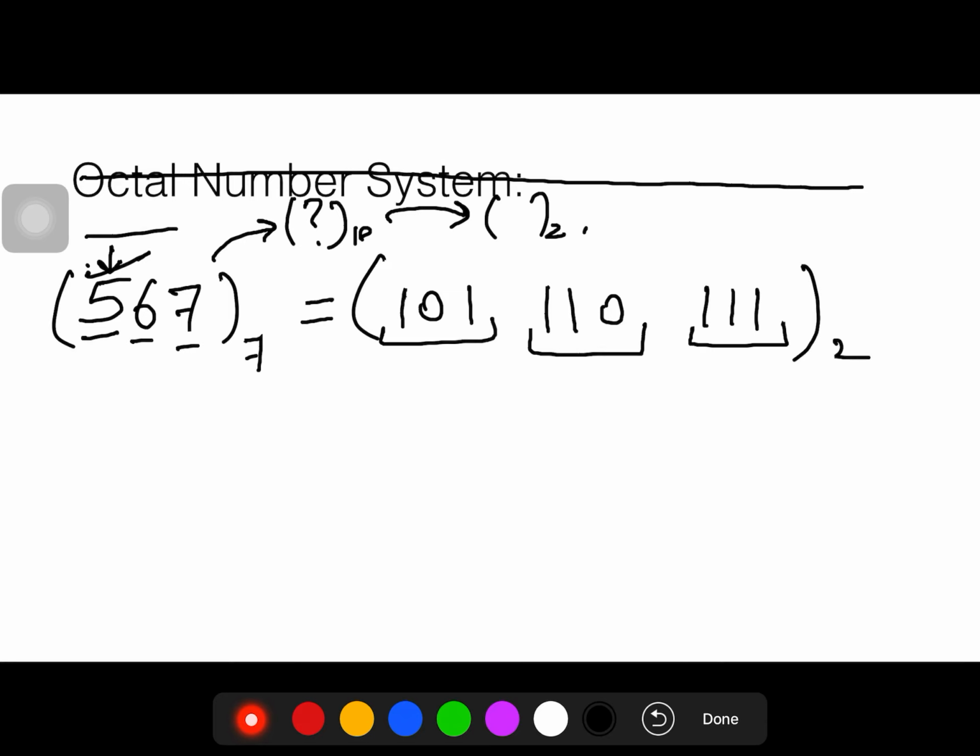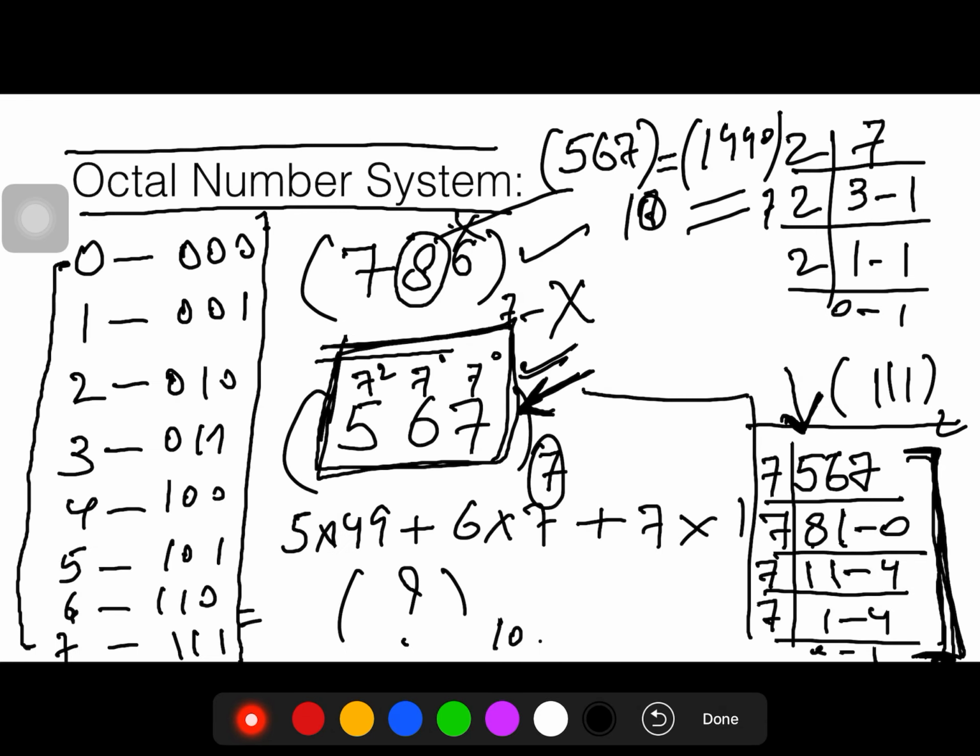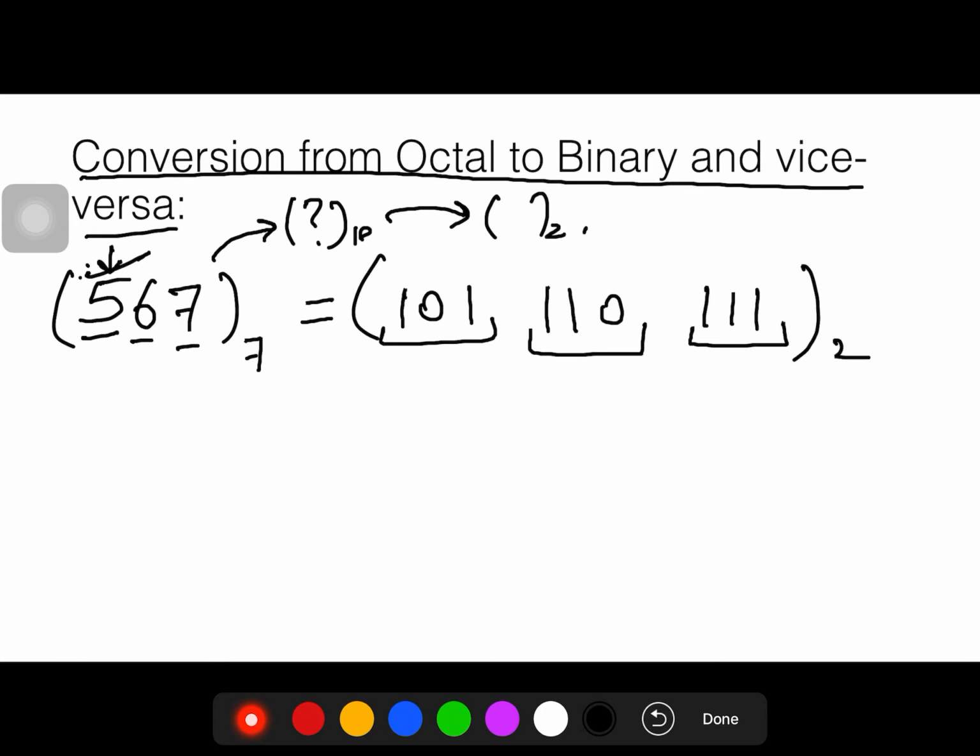As we have seen previously, 5 is represented in binary as 101. We have exploited this concept here and computed the number in binary. Now, for the reverse conversion, suppose we are given 567.36.